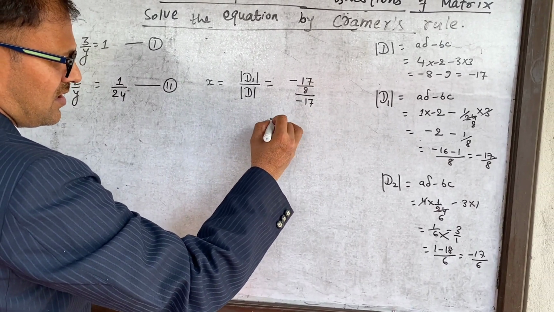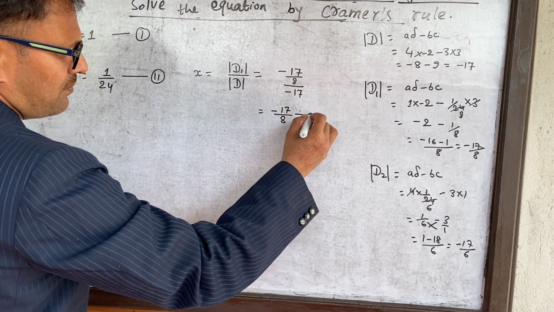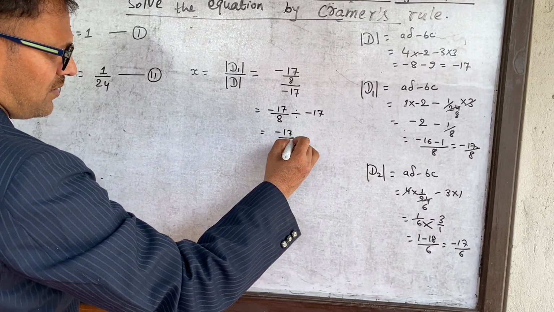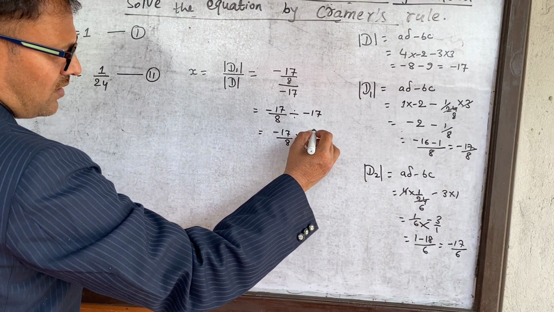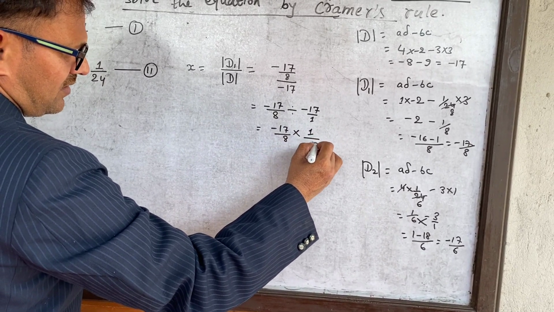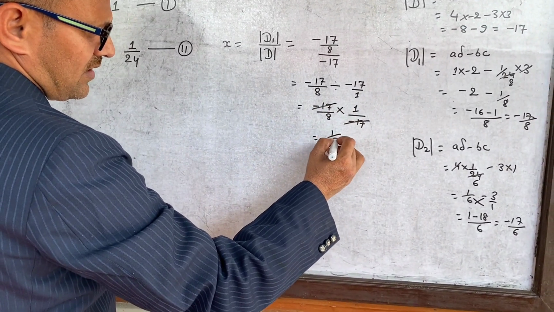This means minus 17 by 8 divided by minus 17, that means minus 17 by 8 into 1 by minus 17. This and this cancel, giving 1 by 8.